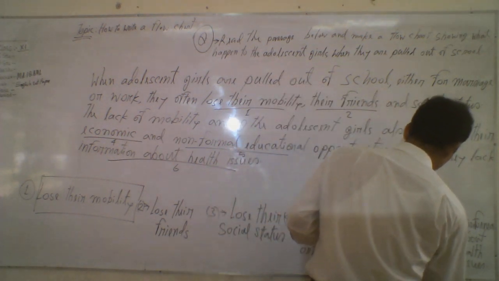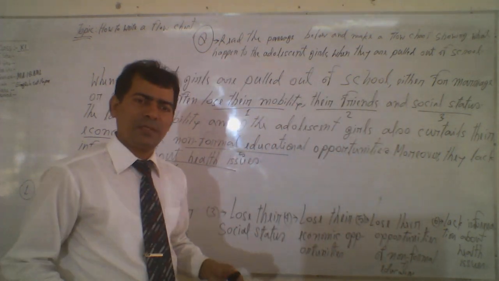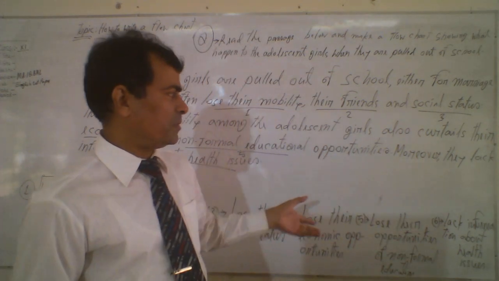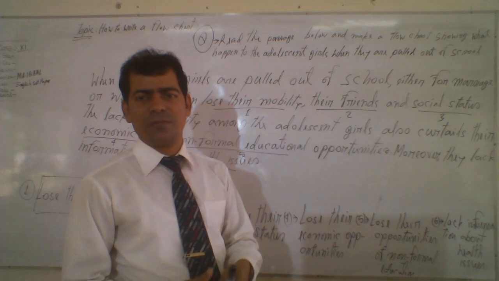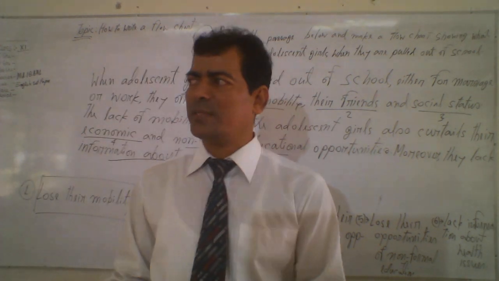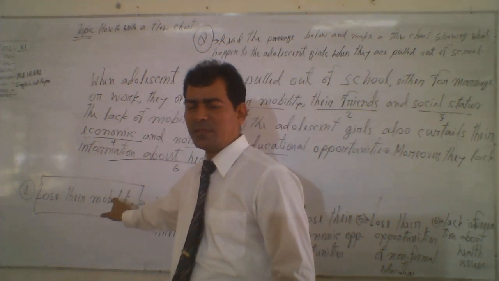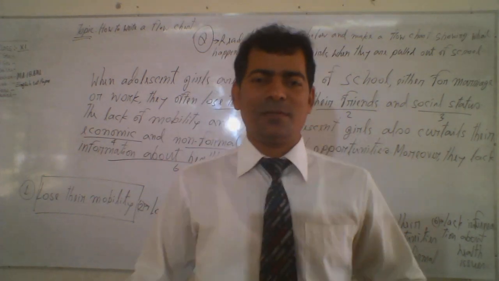So, students, you see, after reading a passage, if you can find out the information you are asked in the question to find out, and if you can present it according to the information presented in the first box in the question paper, it is done.